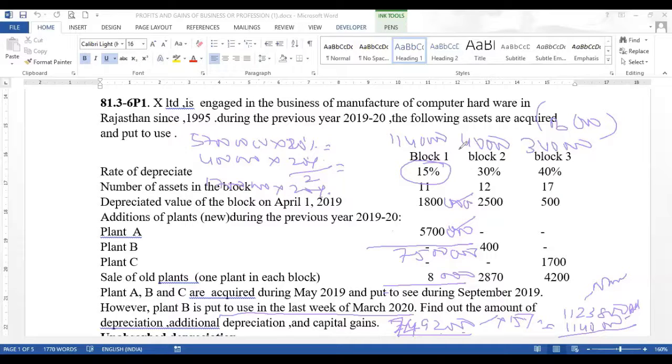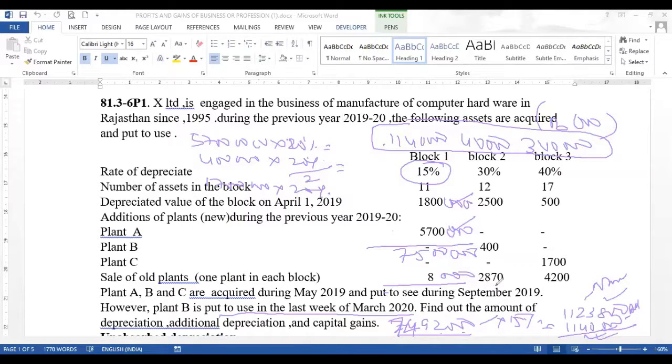Aparna, are you listening? Yes, sir. So first you have to calculate additional depreciation, which you have calculated here. Then you calculate normal depreciation, and in this case you got 11 lakh 23,000, and additional depreciation you are getting 11 lakh 40,000. That is being added to total depreciation.